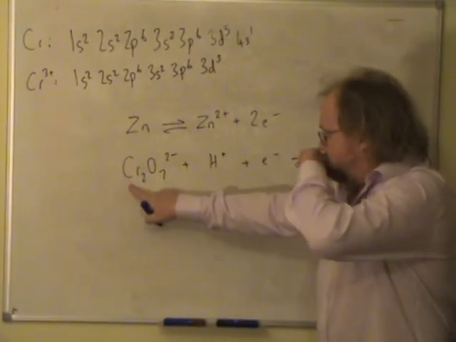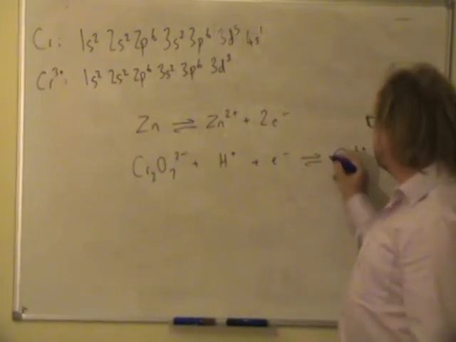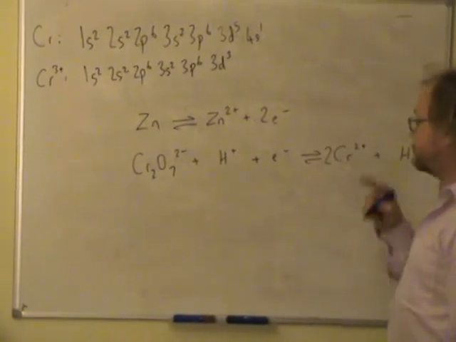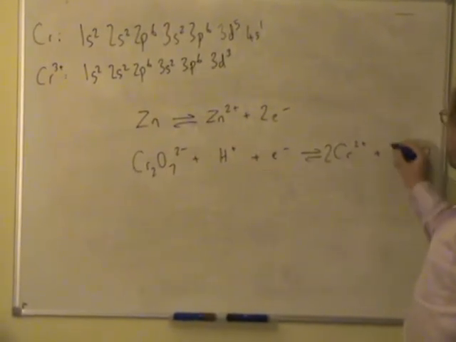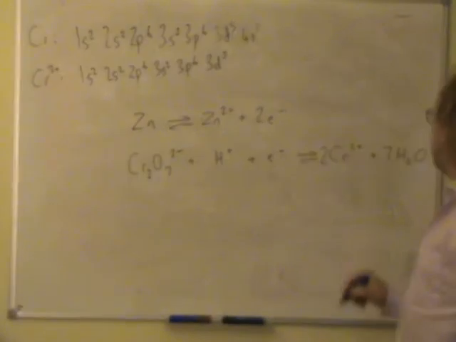We've obviously got 2 chromiums there, so we're going to need 2 Cr2+. We've got 7 oxygens to get rid of, and that requires us to have 7 waters.